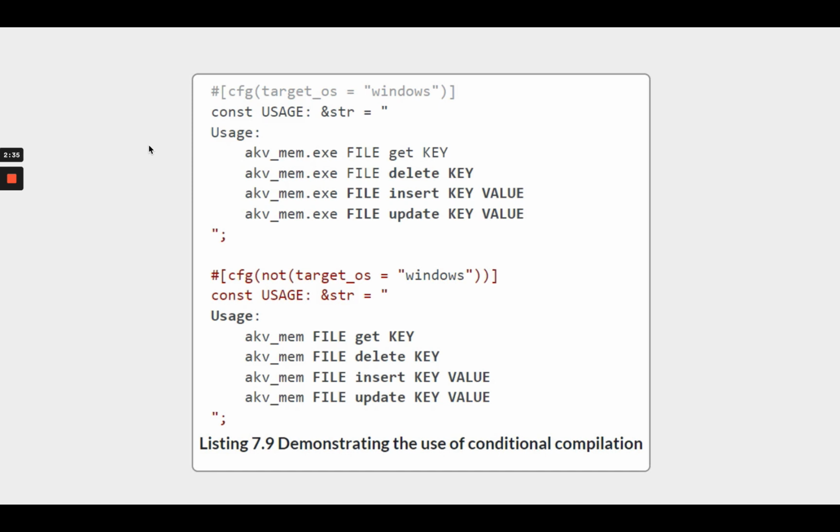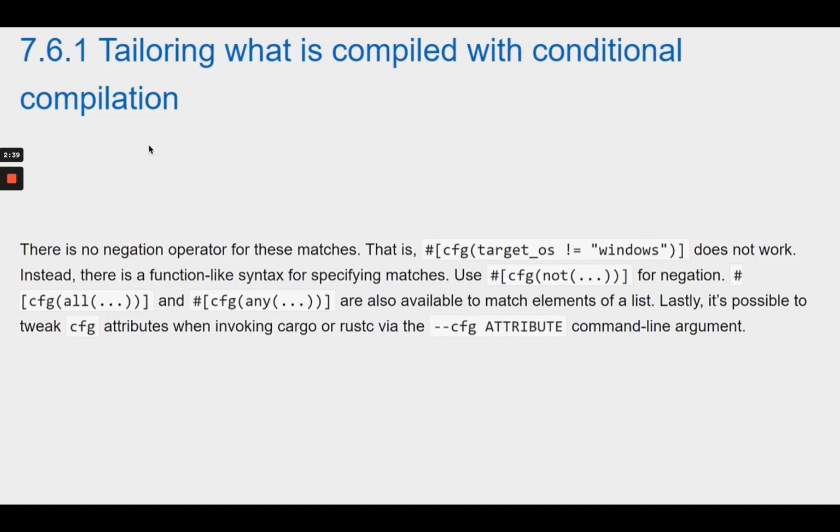The resulting binary files include only the data that is relevant for their target. There is no negation operator for these matches. That is, this expression does not work. Instead, there is a function-like syntax for specifying matches. Use #[cfg(not(...))], surrounded in square brackets, for negation.